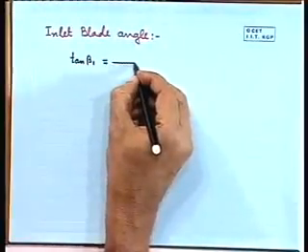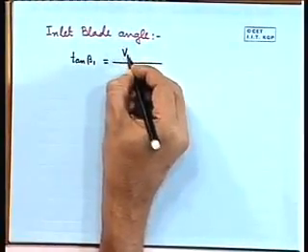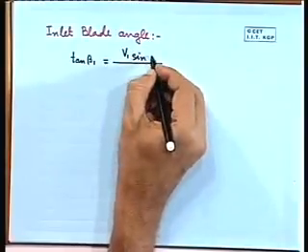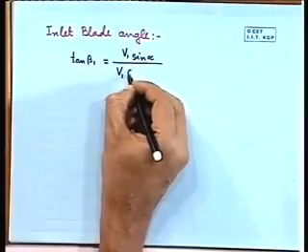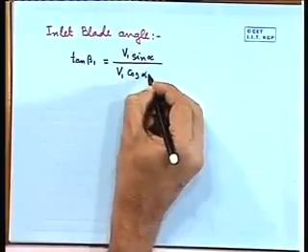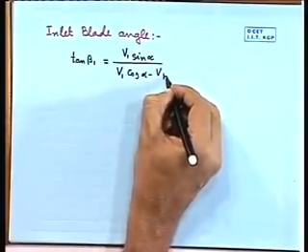So, we can write V1 sin of alpha divided by V1 cos of alpha minus Vb.